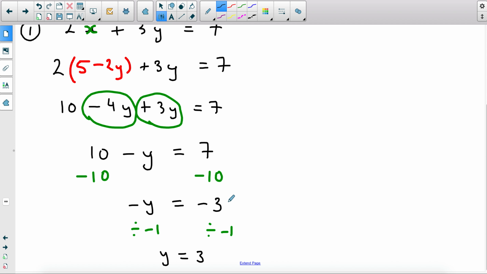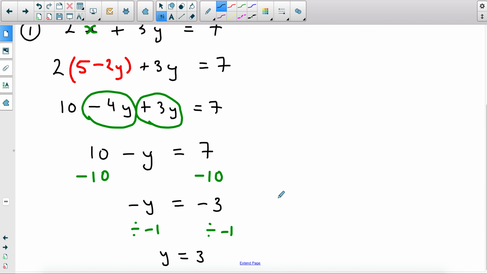Now I could have avoided this divide by negative 1 step by actually adding y to both sides, or if you're using the move to the other side method, you're moving negative y to the other side. However, do be comfortable with these types of methods as well, as it will make your algebra skills much better.